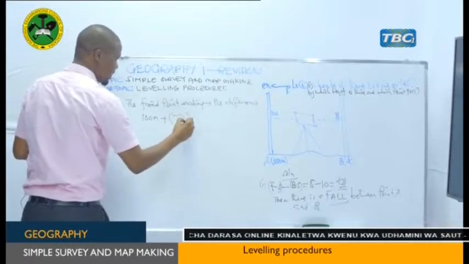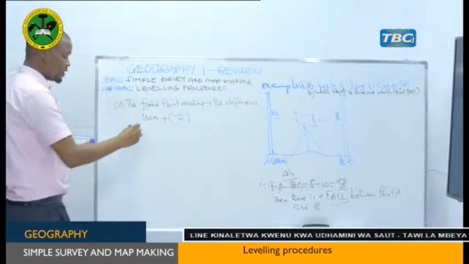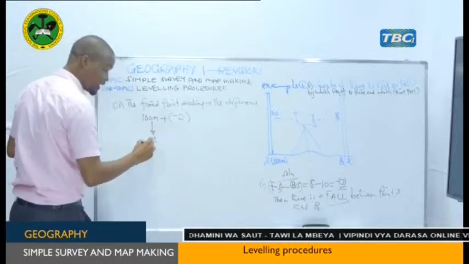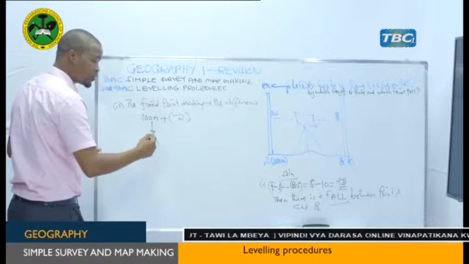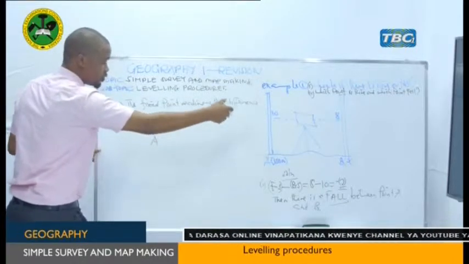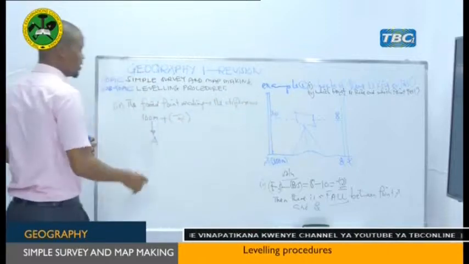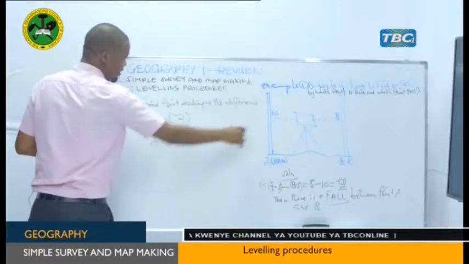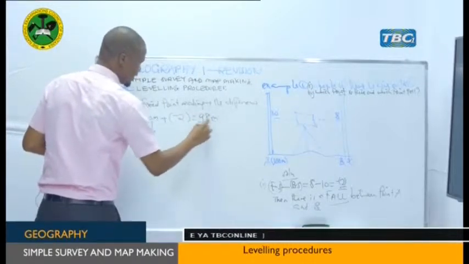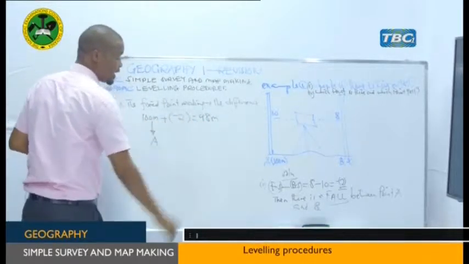The difference is -2. Remember, the fixed point reading is of point A, and right now we want to know the second point, point B. To know the reading of point B, we take the fixed point reading plus the difference. Then we get 98 meters, because this one plus this one is equal to 98 meters.